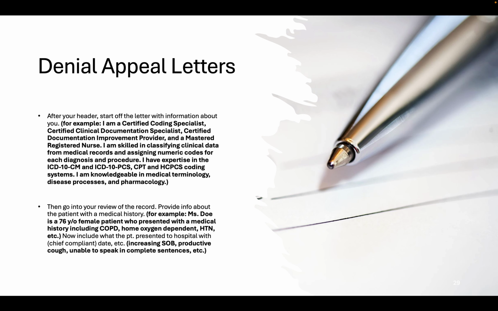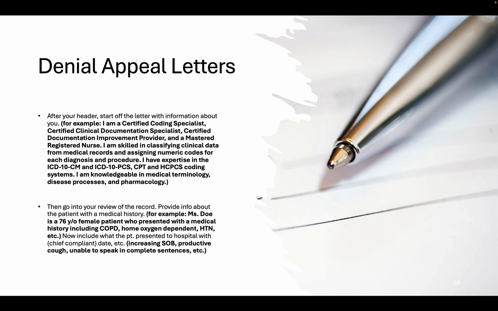So now we're going to our denial appeal letters. At the beginning of your letter at the top, you'll put your date, and you have your letterhead of whatever company you're with.